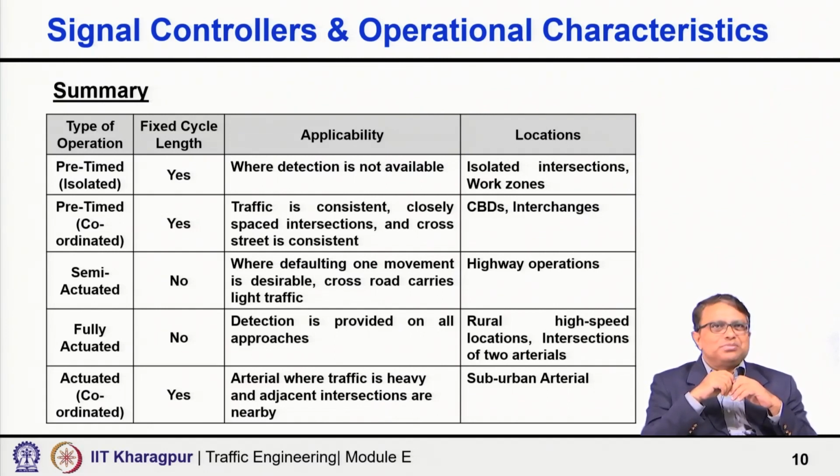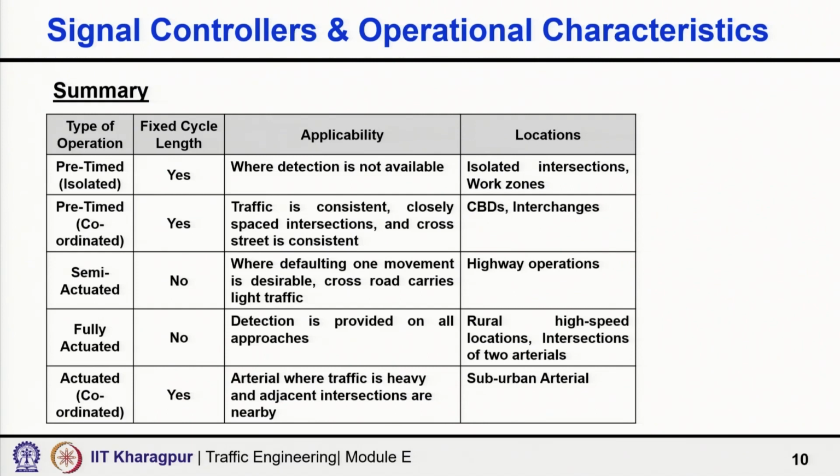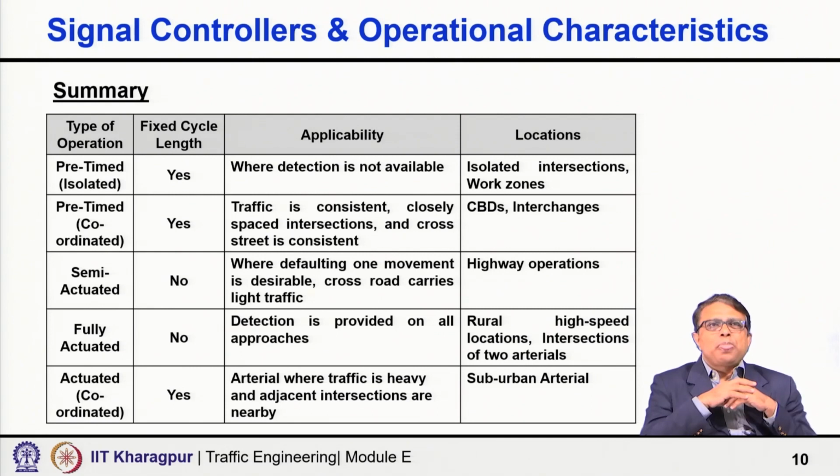So, in summary, I have to say the type of operation could be pre-timed, isolated, where the cycle length is fixed, applicable where detection is not available, and at isolated intersections and work zones. Second, pre-timed could be coordinated, again the cycle length is fixed. It could be semi actuated, and if it is semi actuated then the cycle length is not fixed.